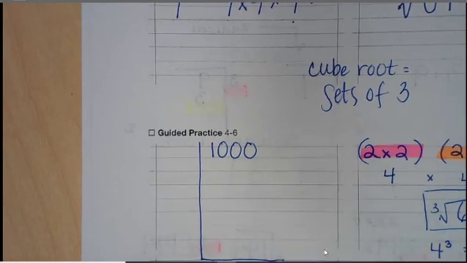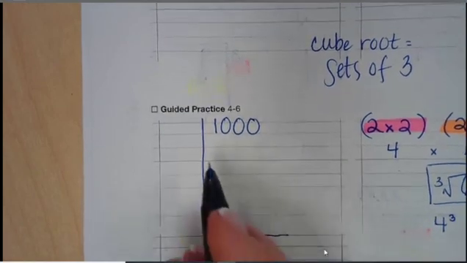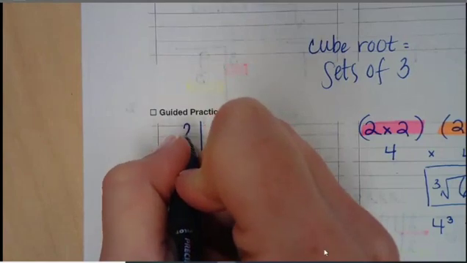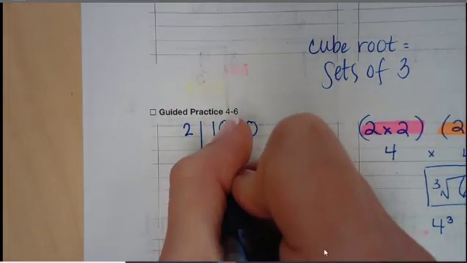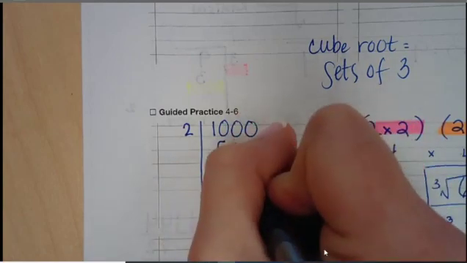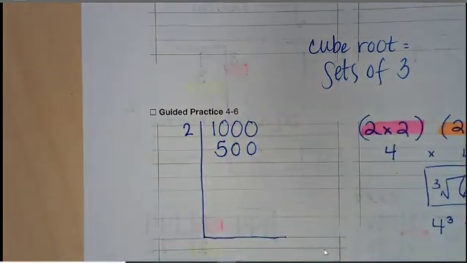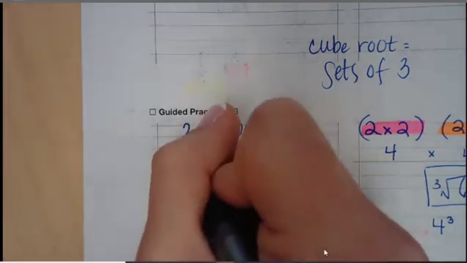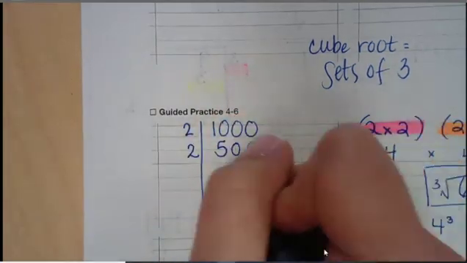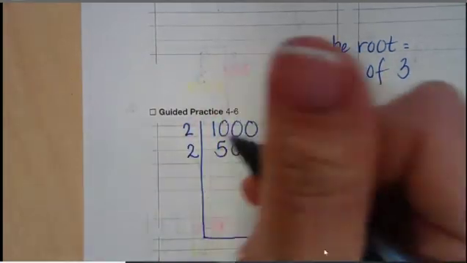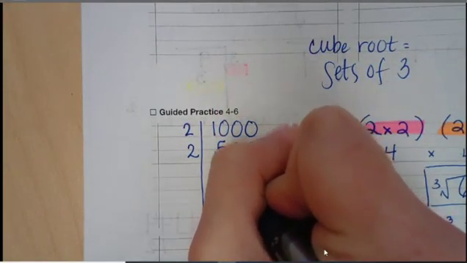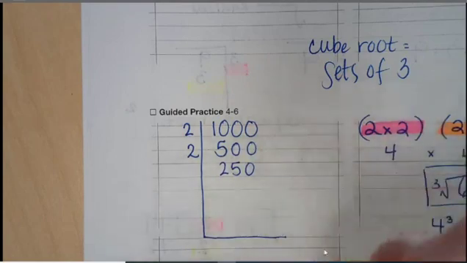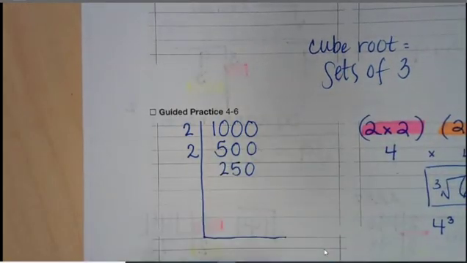Here we have 1,000. So first we're going to divide by 2. And we get left with 500. And then we're going to divide by 2 again, because we always keep it with the lowest prime number. And we get 250. I know some of you were tempted to divide by 5 right there.